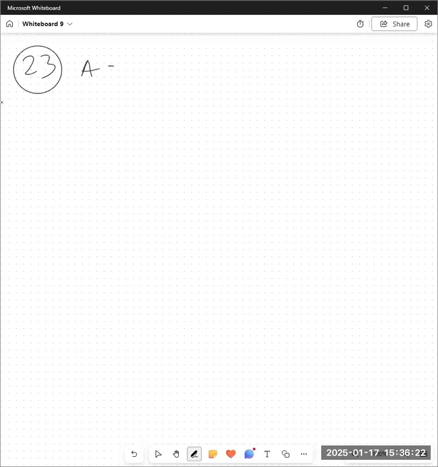So A equals 1, 0, -8, 2, 0, 8, -1, 10, 0, 0, 0, 1, 0, 0, 0, 2. So this will be singular.